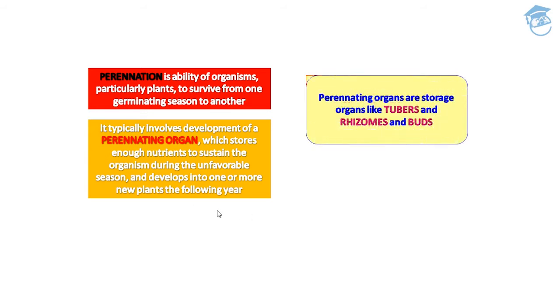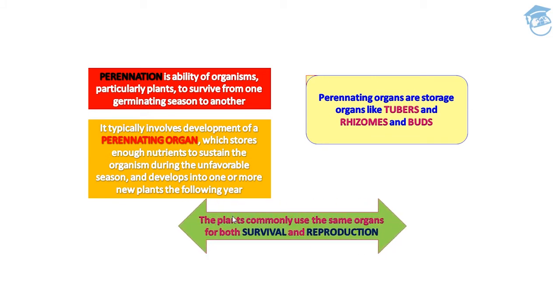So perennating organs are storage organs like tubers, which you can see in potato, rhizomes and buds. These three are perennating organs, which I'll be explaining in detail in this presentation. So the plants commonly use the same organ for both survival and reproduction.